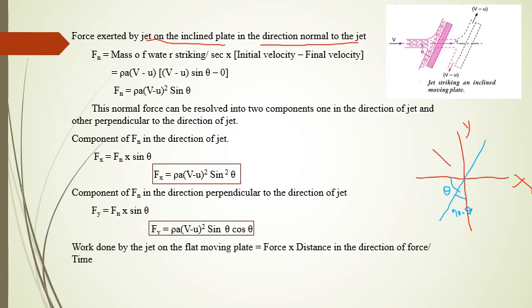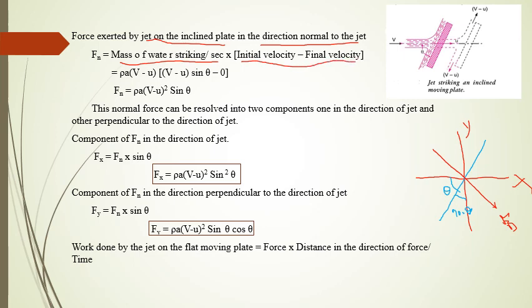Okay. Now the force in normal direction to the plate. This is the normal direction to the plate. This is normal force, that is Fn. We know the formula for force Fn, that is mass of water striking per second into initial velocity minus final velocity.